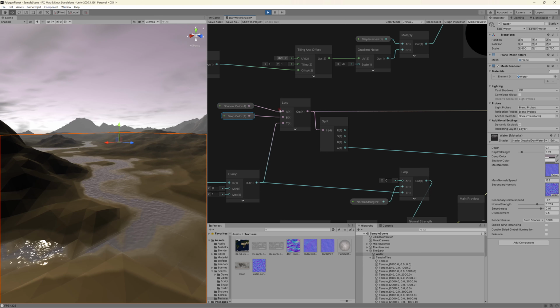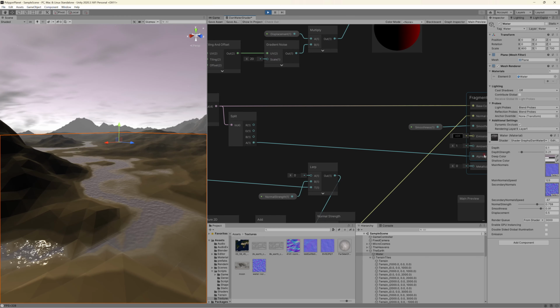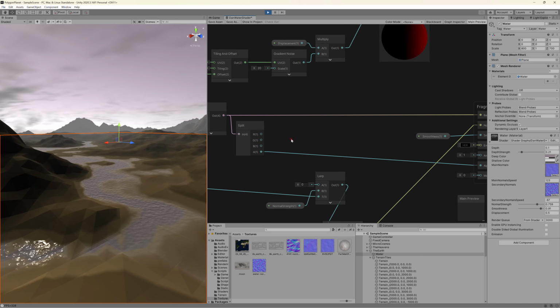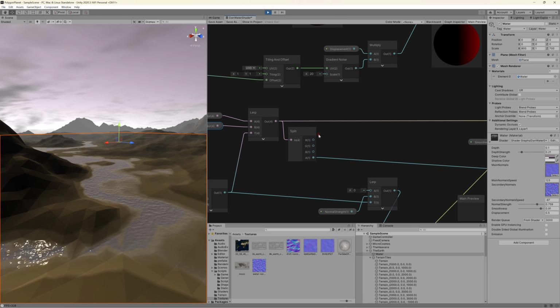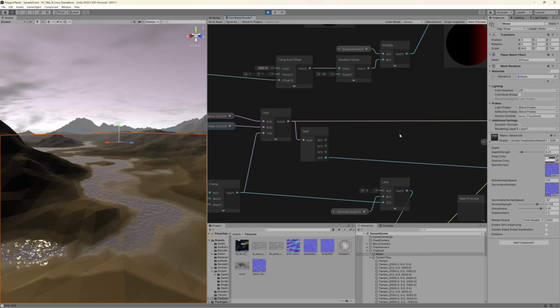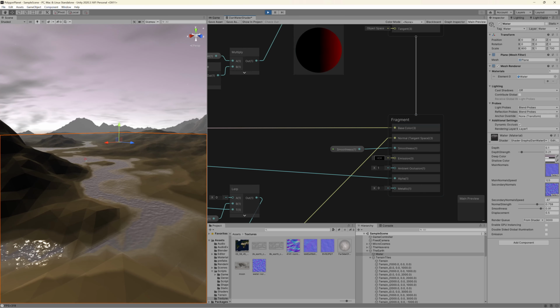So yeah, we're lerping between the two colours, and then the resulting interpolation of those colours we're splitting into the RGB alpha, and we're using the alpha, taking it straight through and using that in the final material colour, and the output of these two colours is going through as the base colour for our plane.